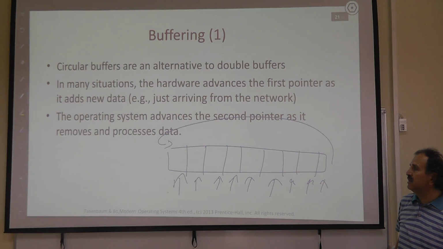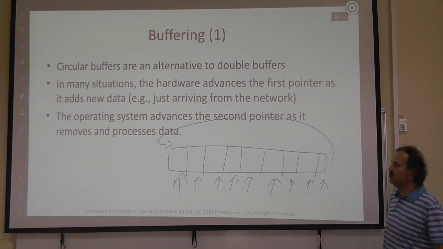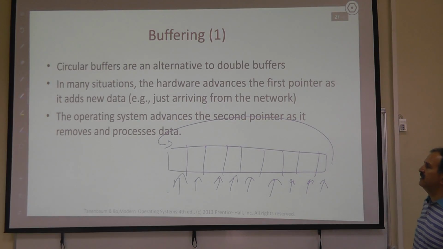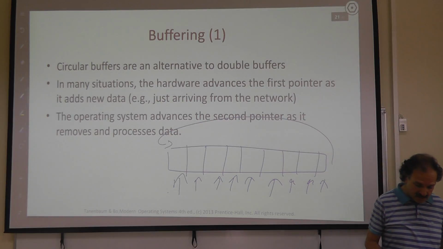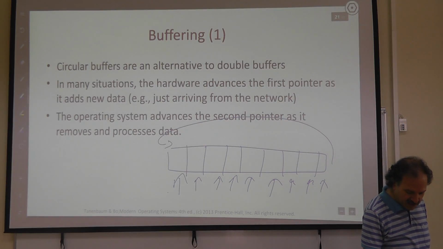This is used in many cases. For example, in the producer-consumer problem, we have the same structure most of the time, because an I/O device is something like a producer. It produces data and you consume it. Buffering is a problem with I/O devices actually. Any questions? Circular buffers are an alternative to double buffers.